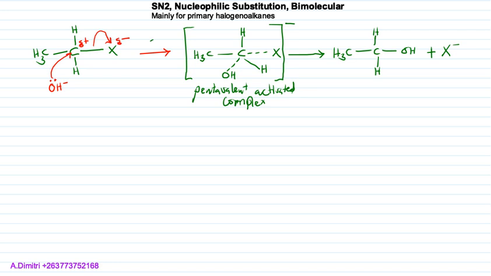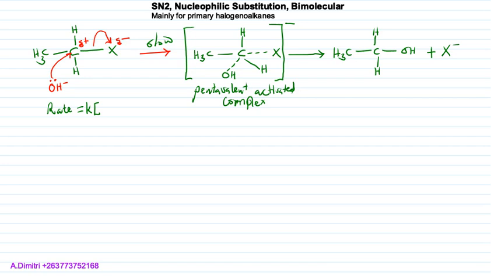But it passed through the activated complex. So the rate of reaction, the kinetics, will be rate is equal to K multiplied by, so we now have two species. We've got the hydroxide, which is acting as the nucleophile, then we also have the halogenoalkane. So we have two species participating in the rate determining step.